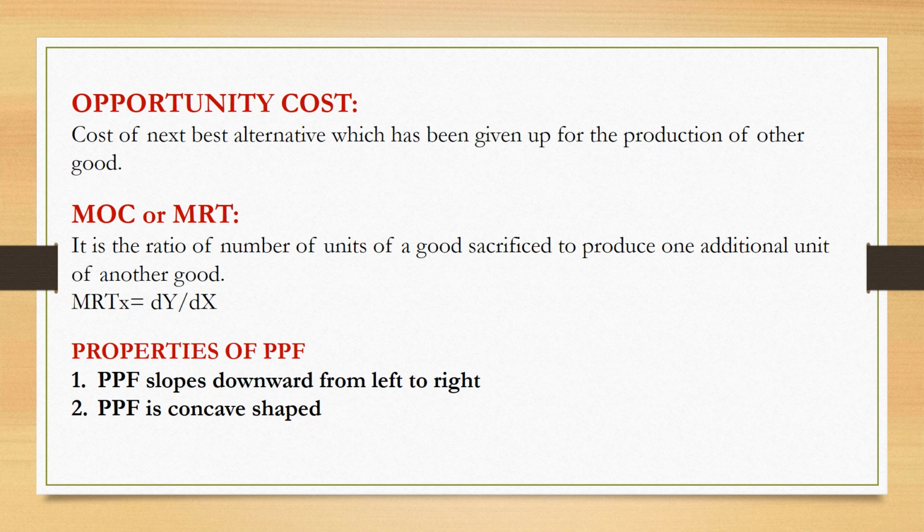In the table we have seen, for every 1 unit of good X, the economy is sacrificing more and more units of good Y. That is 1 in the first case, next case 2, 3, 4, and so on. So the ratio is increasing.